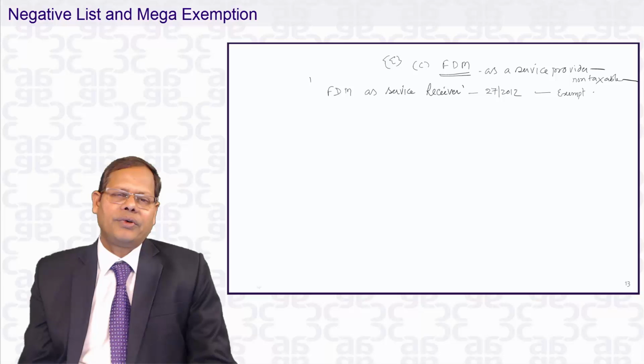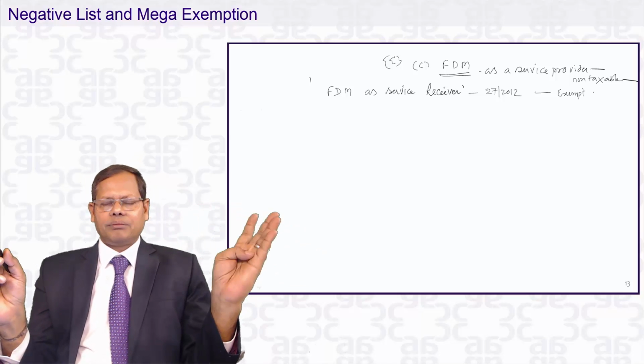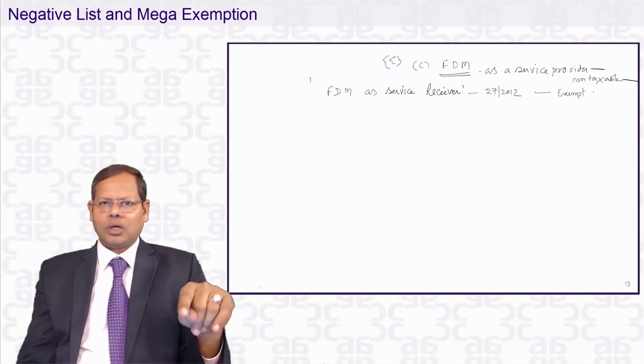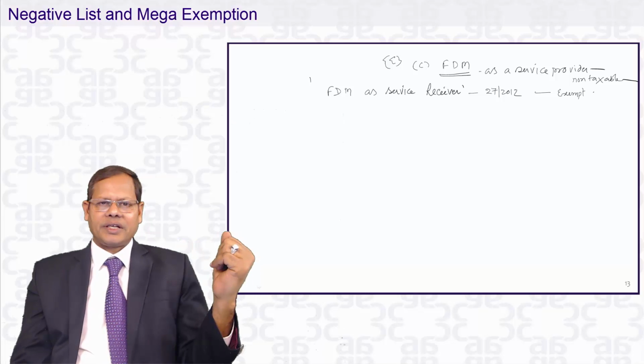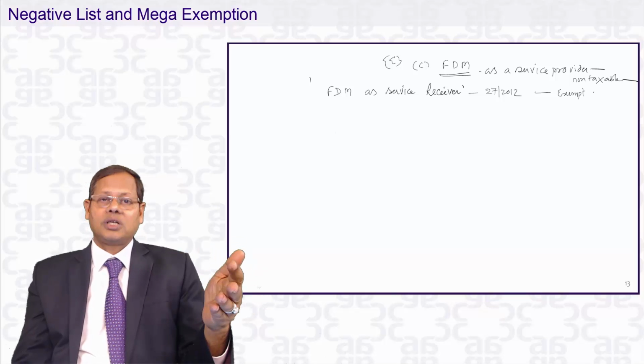So now we understand there are three services we have covered in the negative list. A, for services by government or local authority. Postal department, we have seen the exceptions. All services except those SPLA services provided by postal department.